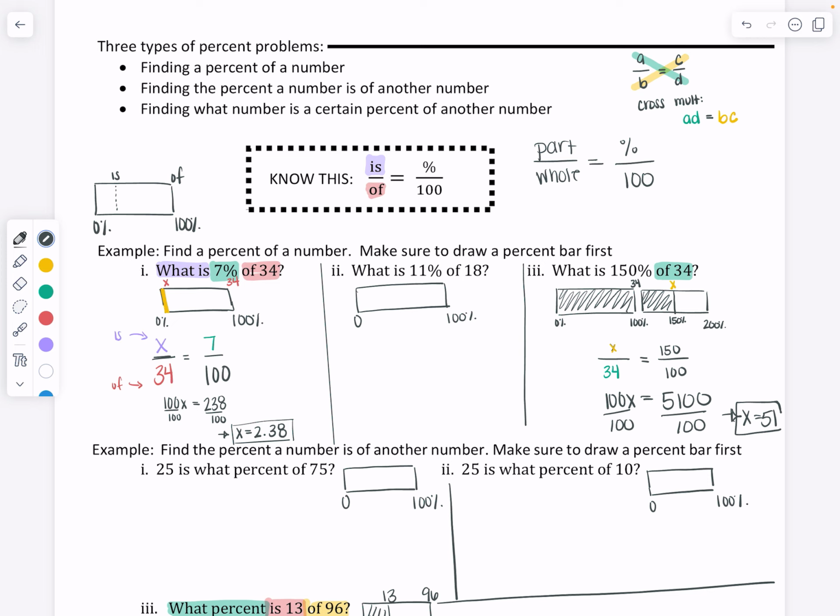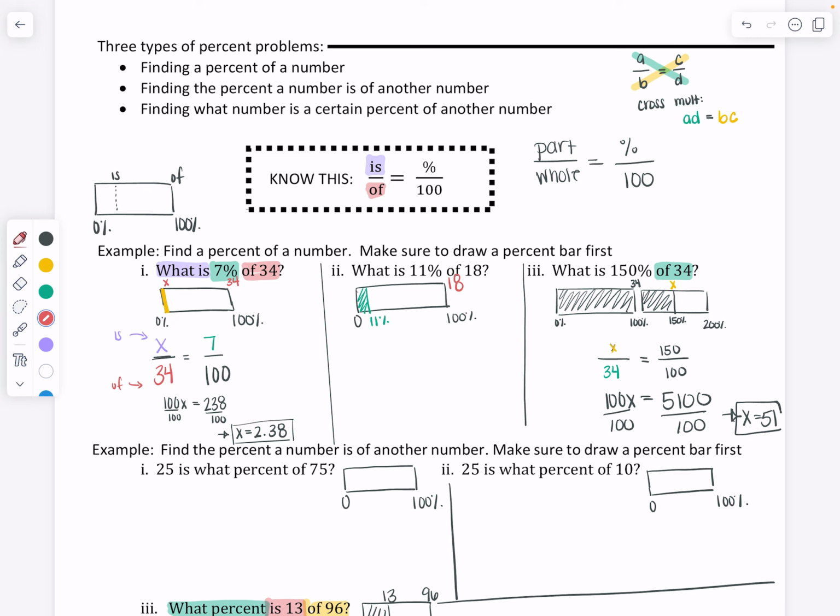I'm looking for 11%. 11% is going to be pretty close to 0, a little bit more than 10%. So that is 11%. And then of 18, well, 18 is going to be the whole. 18 is what corresponds with 100%. So there's my percent bar.